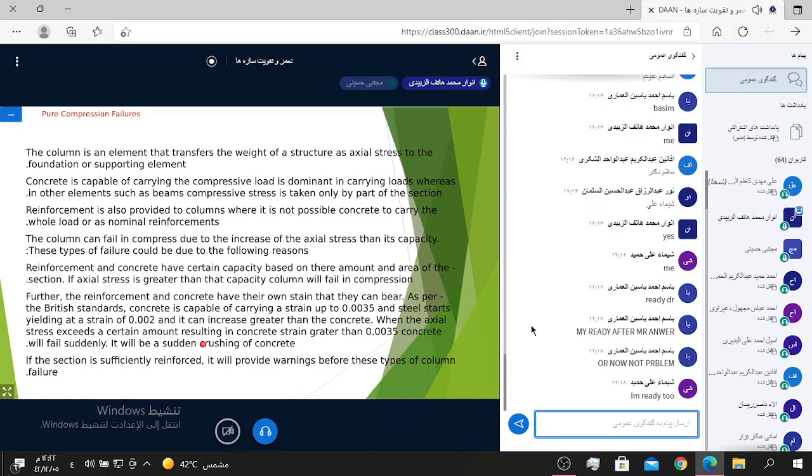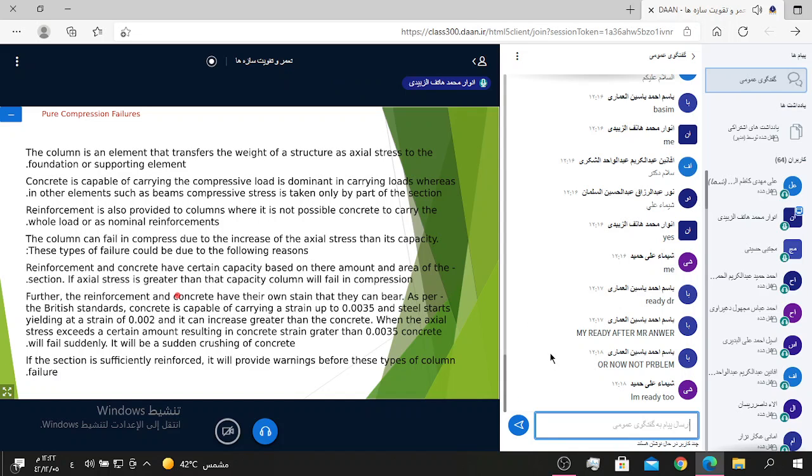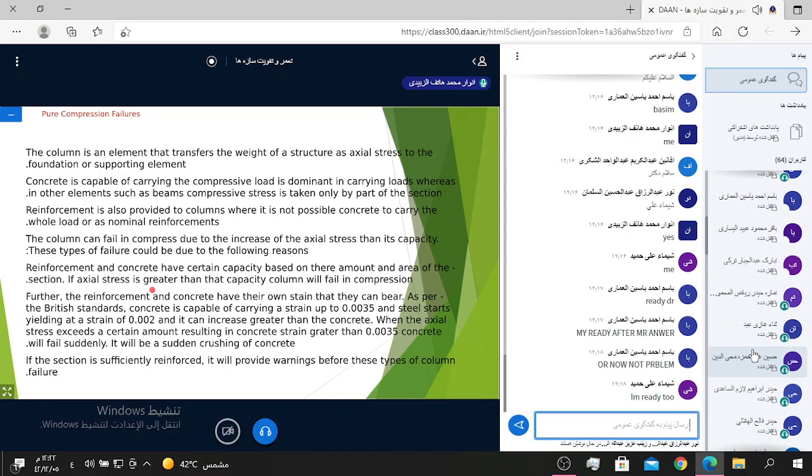Reinforcement is also provided in columns where it is not possible for concrete to carry the whole load, as nominal reinforcement. The column can fail in compression due to axial stress greater than its capacity. This type of failure could be due to the following reasons.